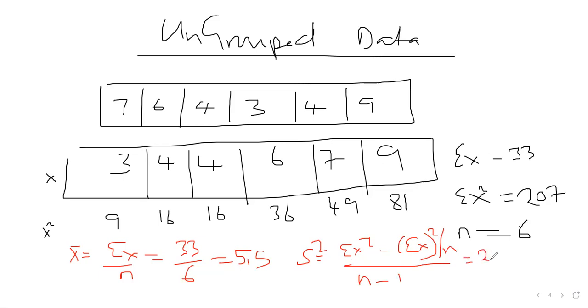So this is 207 minus 33 squared over 6, divided by 6 minus 1. If you calculate well, you'll find the variance is 5.1.